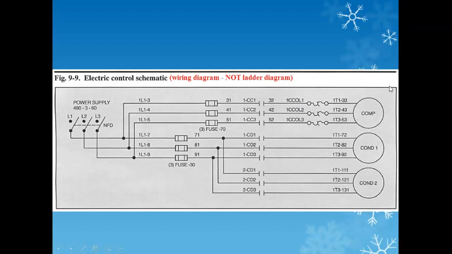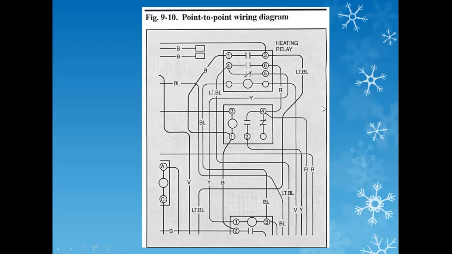This, you've got your condenser 1, condenser 2, and your compressor. You've got a point-to-point diagram. This one's very set up here. You've again got your colored wires you got to look for.